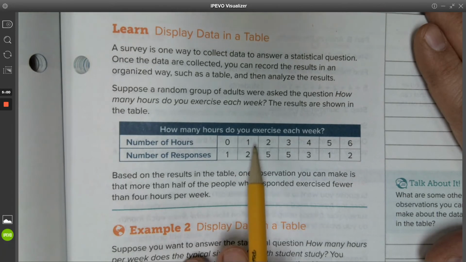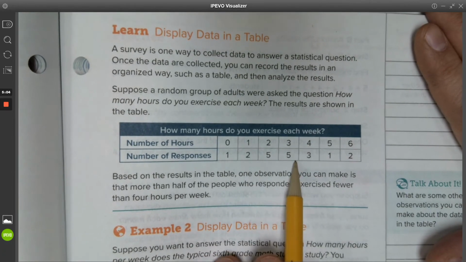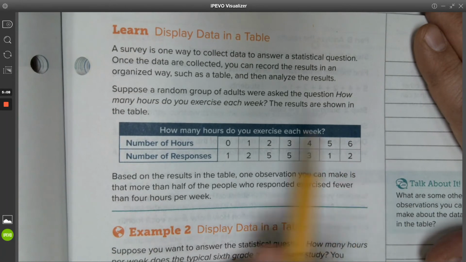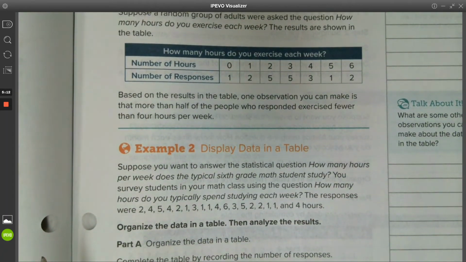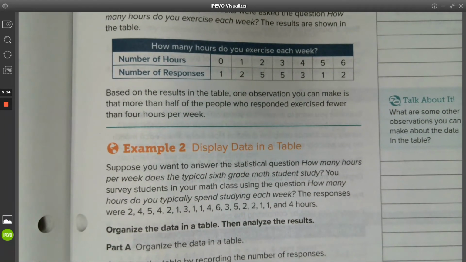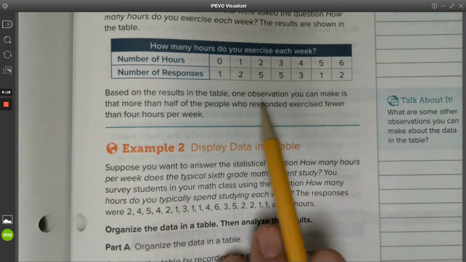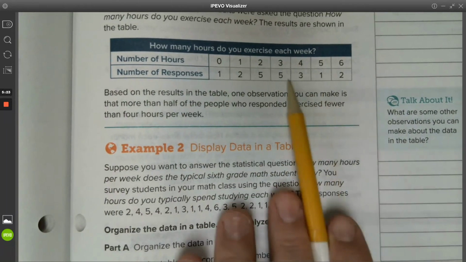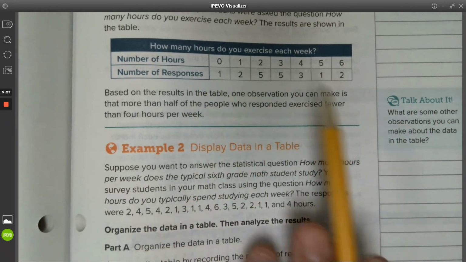Well, 1. How many people said 1? 2. 2 hours, 5. 3 hours, 5. 4 hours, 3. 5 hours, 1. And 6 hours, 2. So based on the results in the table, one observation you can make is that more than half of the people who responded exercise fewer than 4 hours per week. So you can see the majority of people exercised fewer than 4 hours per week.